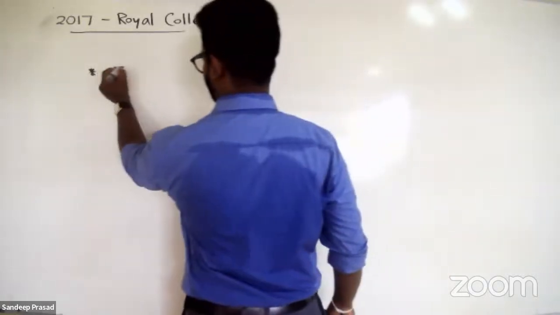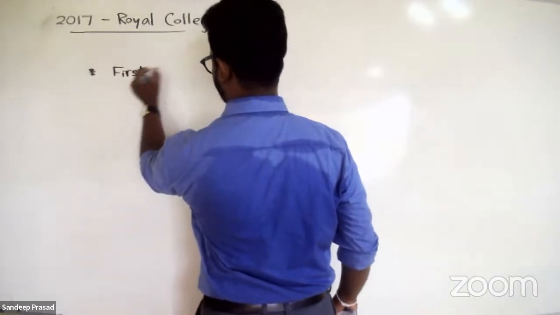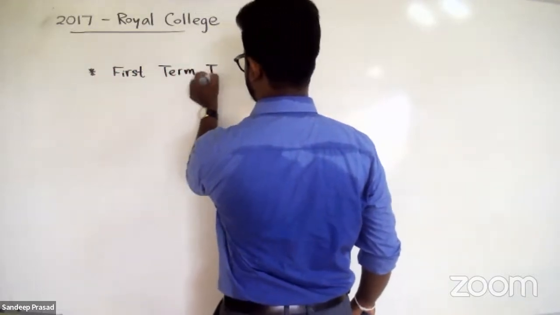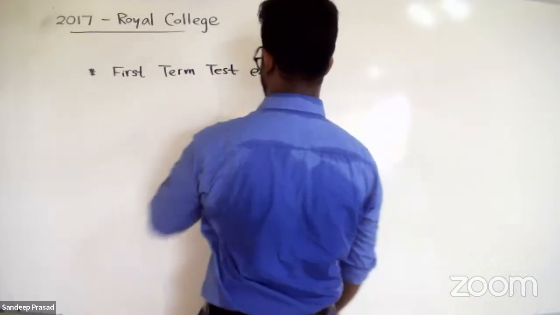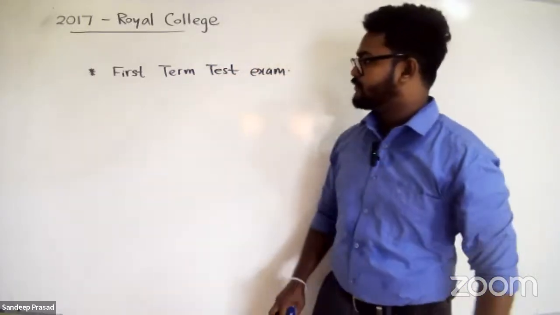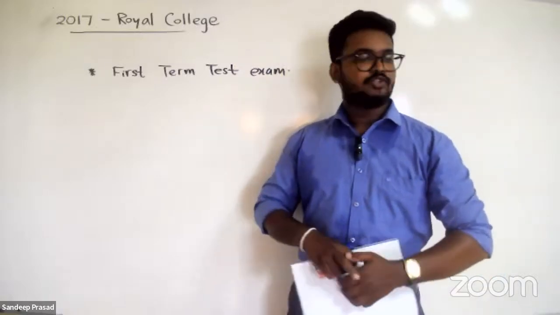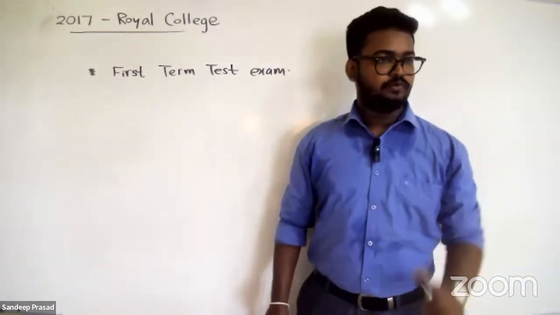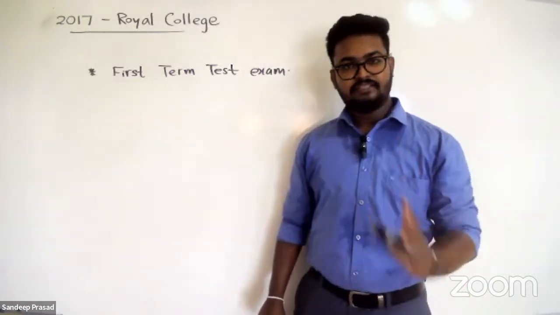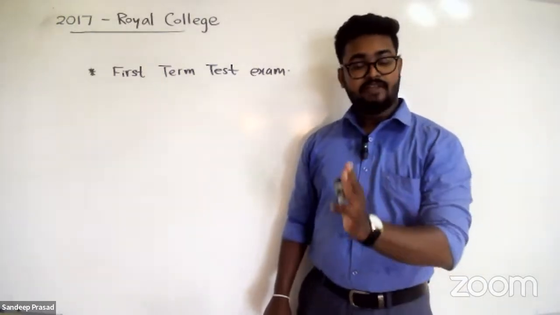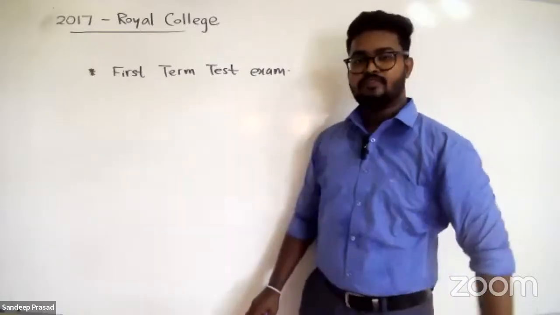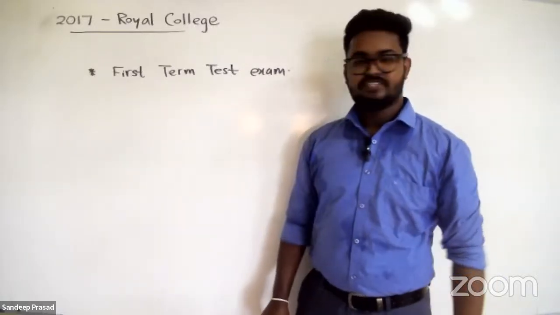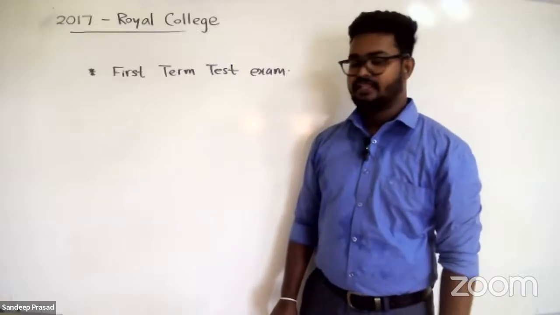So our target is the first term test exam, right? I have already told you that always my students should get the highest mark in your schools, right? If you have learned the theories properly and if you have done enough papers, definitely you can score the highest mark for the first term test examination that they're going to conduct in your school, right?